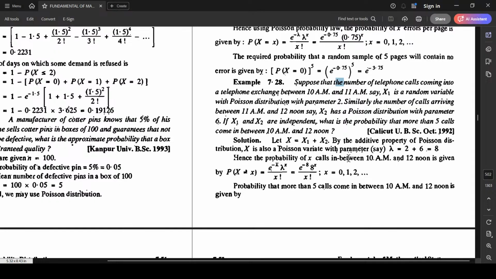Similarly, the number of calls arriving from 11 to 12, X2, has a Poisson distribution with parameter 6. X1 and X2 are independent. What is the probability that more than 5 calls come in between 10 to 12? More than 5 calls.